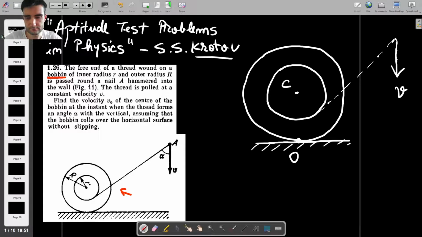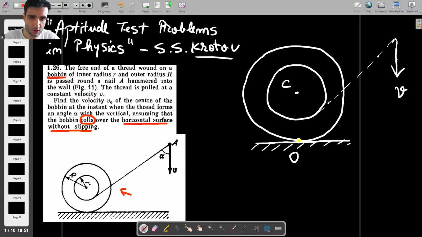So let's call the center of the bobbin C, and I also called this point here, which is in contact with the ground, O, right? And another key thing that's happening is that the bobbin rolls over the horizontal surface without slipping.